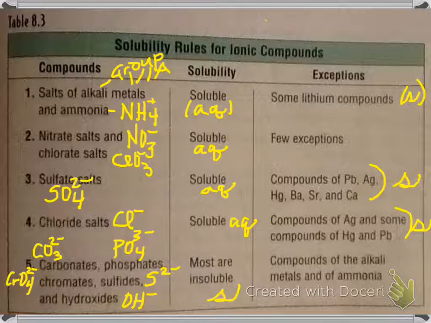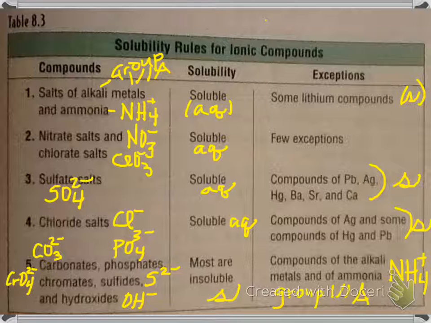Notice our exception kind of goes back to rule number 1. It's saying that the compounds of the alkali metals and of ammonia, so again, we're talking about group 1A, and ammonia, NH4 plus.